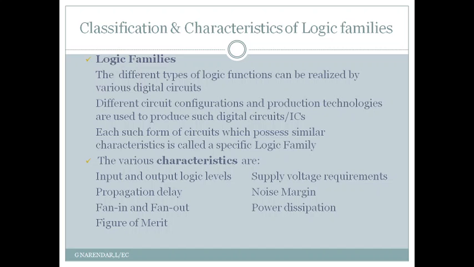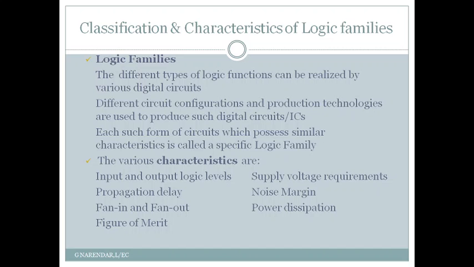That means each of them will be using different semiconductor devices and circuit elements, and different interconnection between the devices and the circuit elements. Maybe they are produced by different production technologies that are used to produce the semiconductor devices.